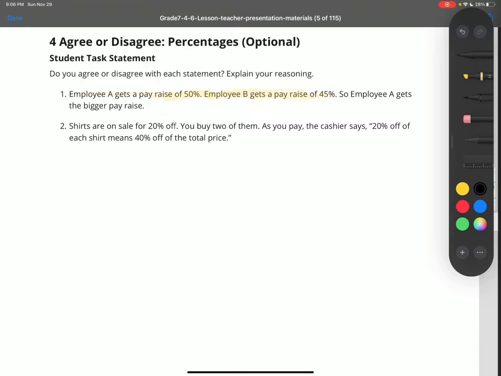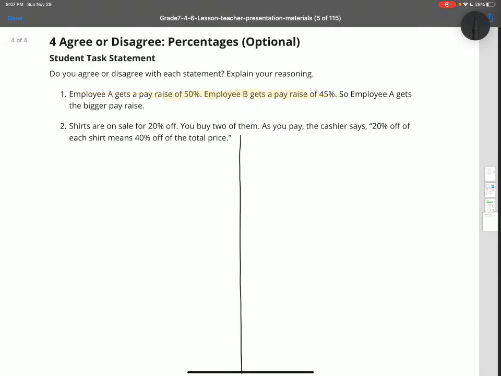Now, what if employee A, and these are possible situations, gets paid $20 an hour?